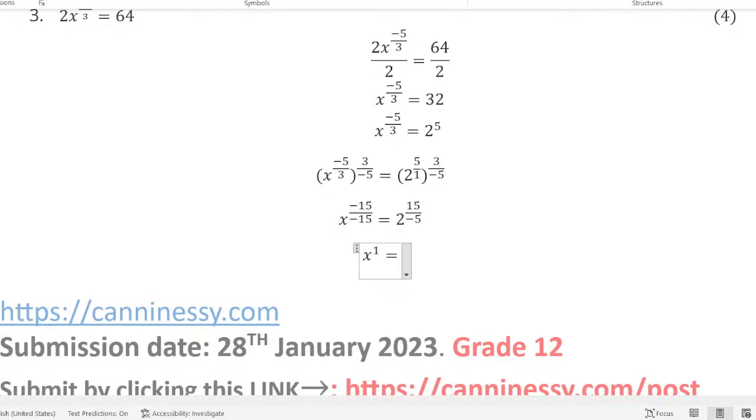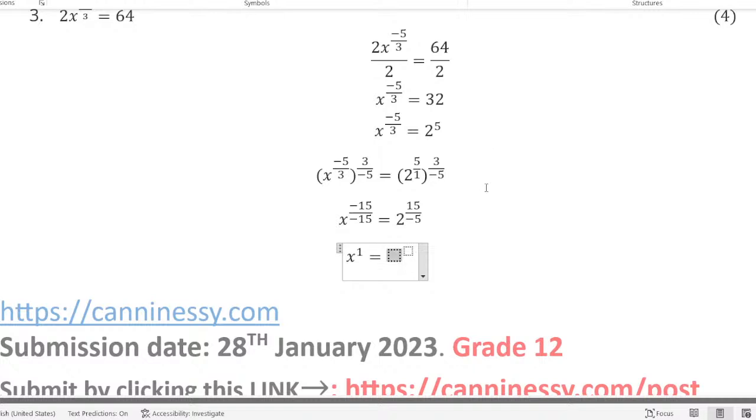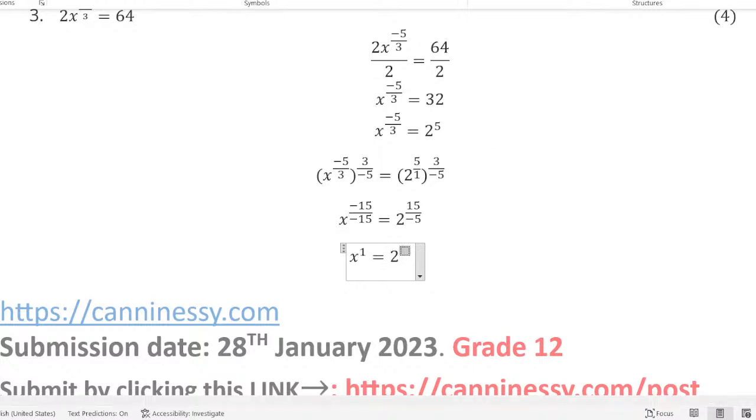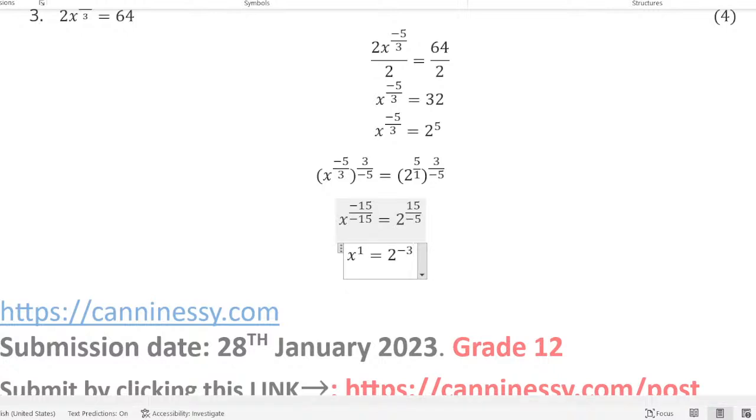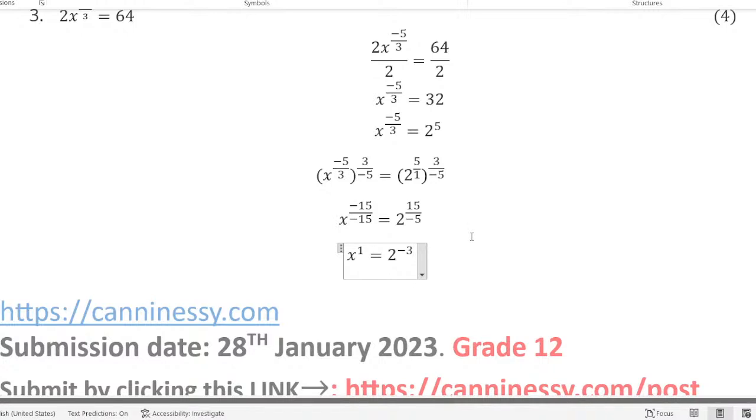Is equals to 2 to the power 15 divided by negative 5 is going to be negative 3. Negative 3, right?